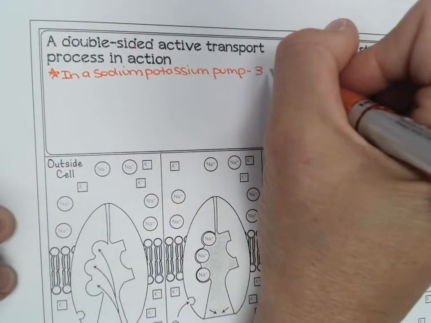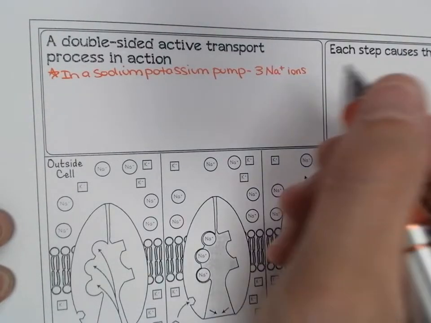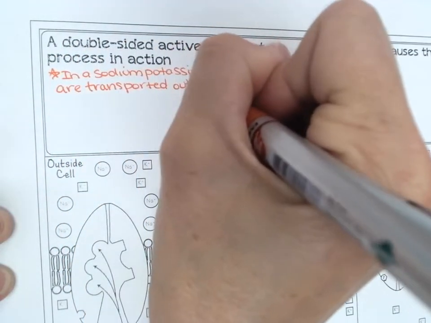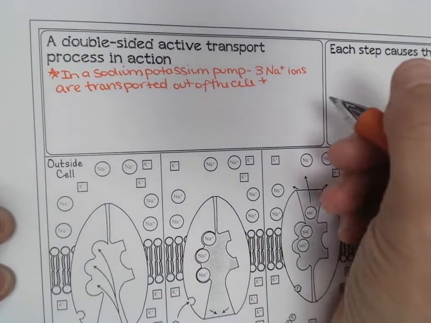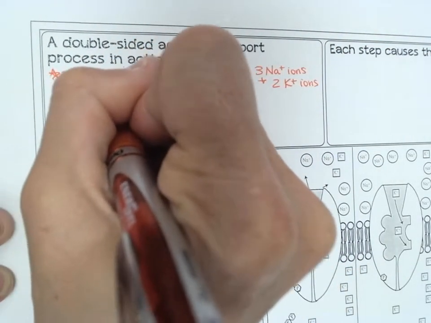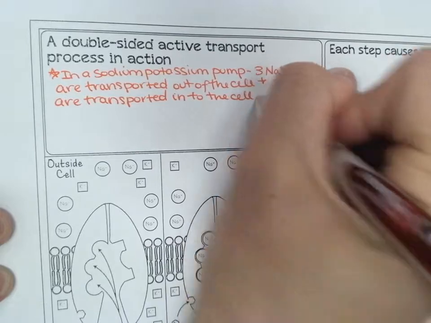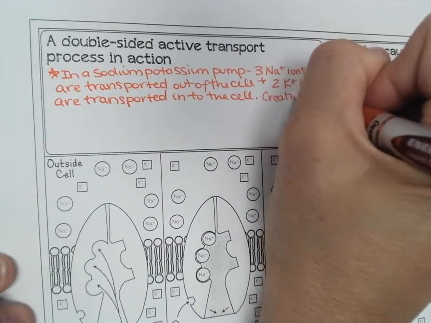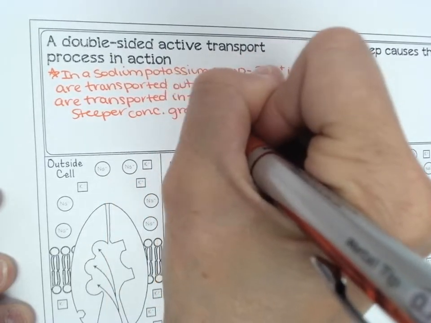three sodium ions are transported out of the cell and two potassium ions are transported into the cell, creating steeper concentration gradients.